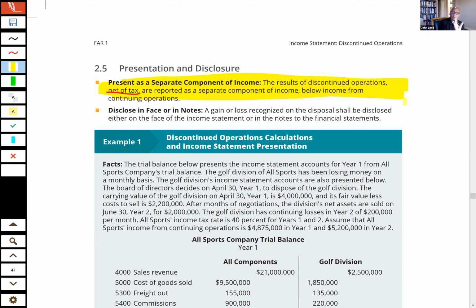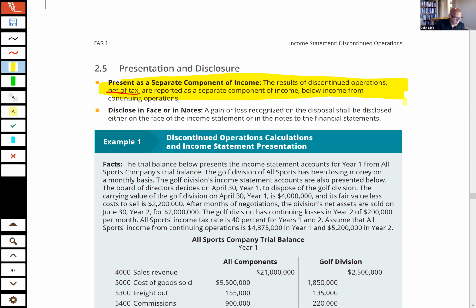So we've already reported our tax expense for the period on the income statement. When you get down to the discontinued operations, you start reporting those things net of tax. You continue down on the income statement, and you report the gain or loss from discontinued operations.